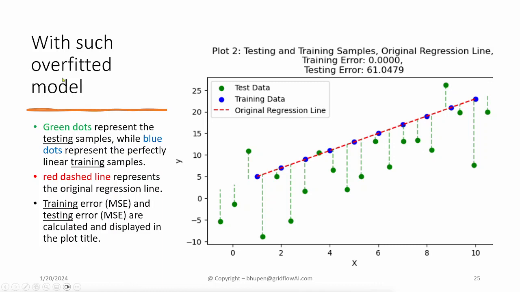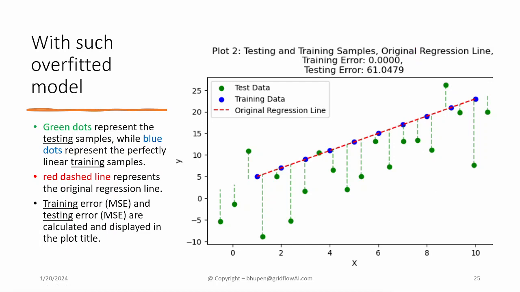Now with this overfitted model, which is the red line here, and the blue dots are your training points, let's have some testing points, and these green ones are your testing points. Now notice with this situation, you have 0 training error and high testing error.